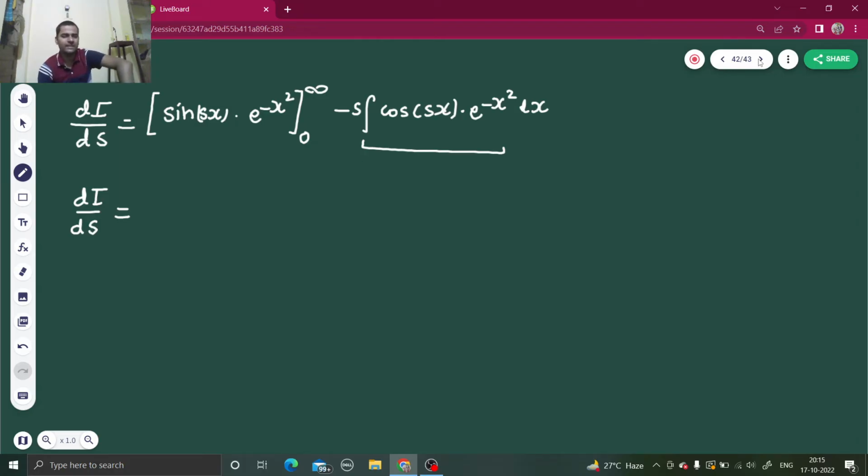So this will give me 0, and this is minus s times I only. Okay. Now if I separate variables, so dI by I is minus s ds. Similar question I have solved, so do watch that also.